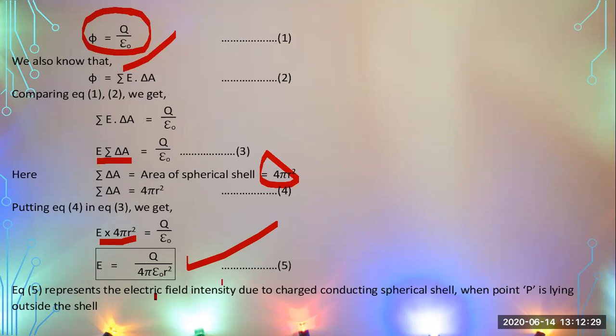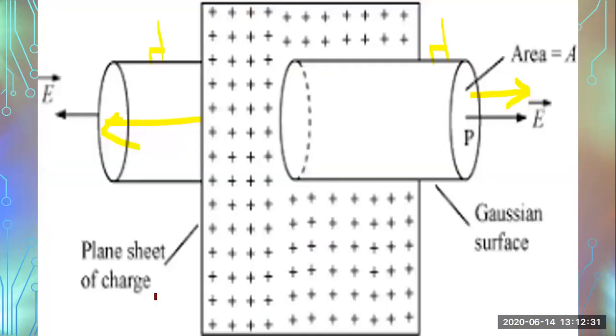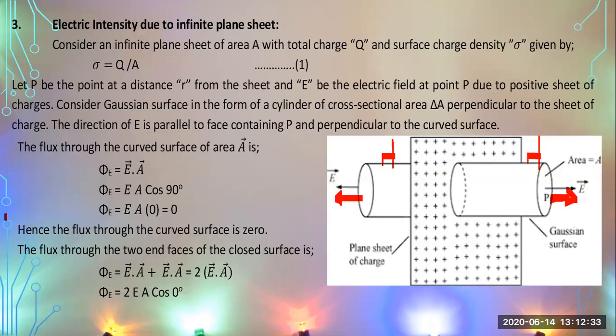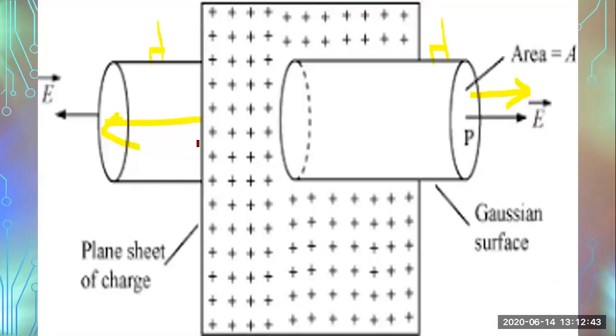Now another application we will start with is the electric intensity due to an infinite plane sheet. This is the third application of Gauss's law. If you look at this figure, it's an infinite plane charge sheet.